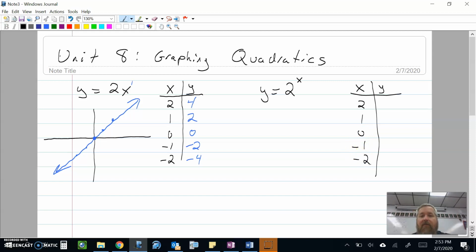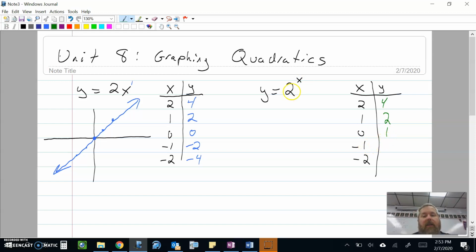If I plug in 2 for x, what is 2 to the power of 2? That'd be 4. 2 to the power of 1 is 2. Hey, look at this. It's the same as before. But what is 2 to the power of 0? Yeah, hopefully you remember that that is 1.